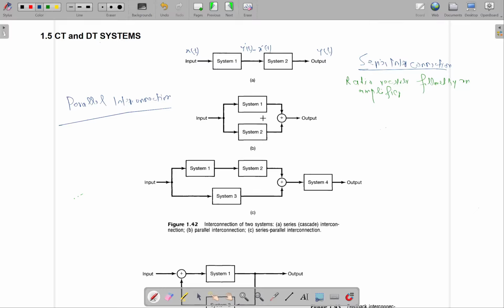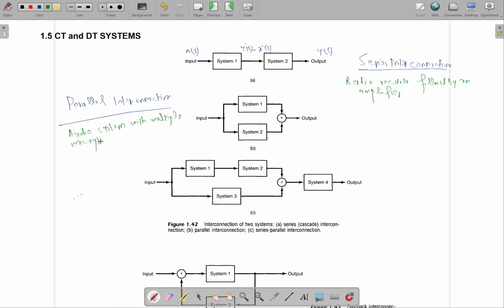So one of the very straightforward examples of the parallel interconnection is an audio system with several microphones feeding into a single amplifier or a single speaker. So the example of the parallel interconnection is an audio system with multiple microphones.